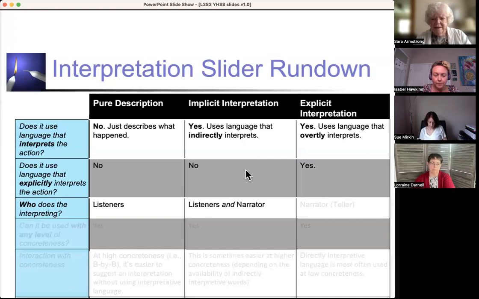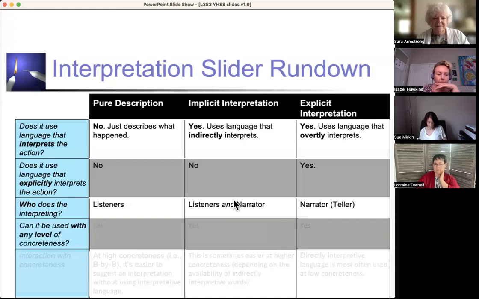In the case of the implicit, it's sort of the combination of those. And in the case of explicit interpretation, it's the narrator, the teller, that does the interpretation. Making sense? At one end, we're leaving it all to the listeners. At the other end, we're not leaving anything to listeners. And in the middle, it's a middle kind of a mix.